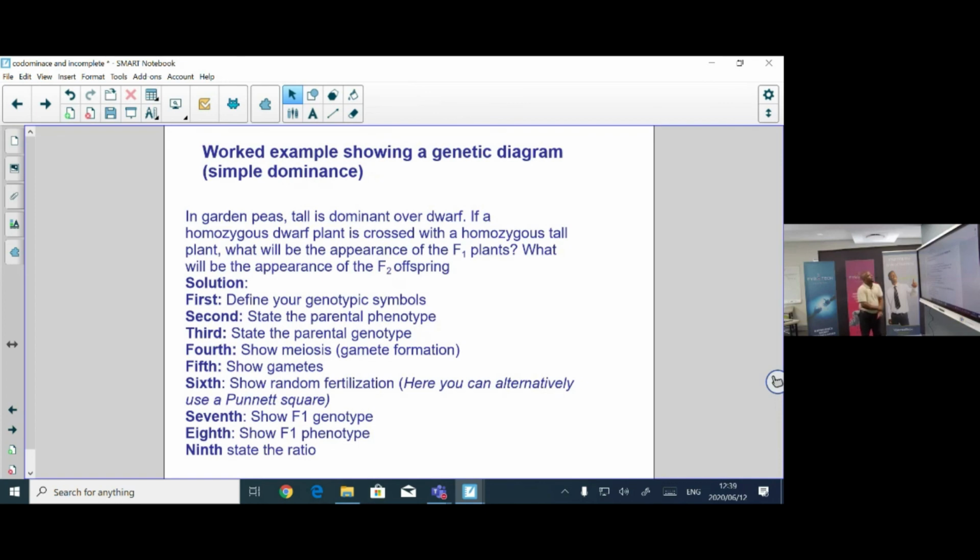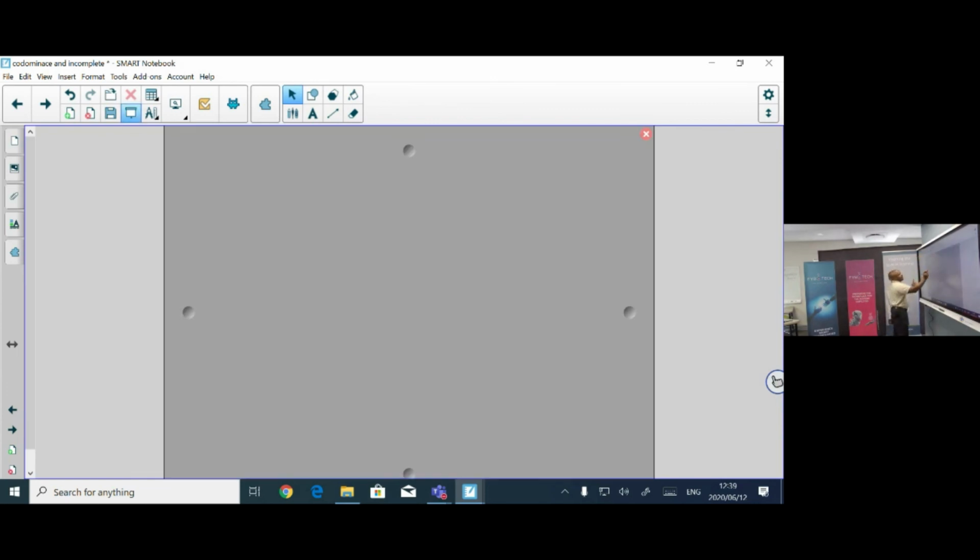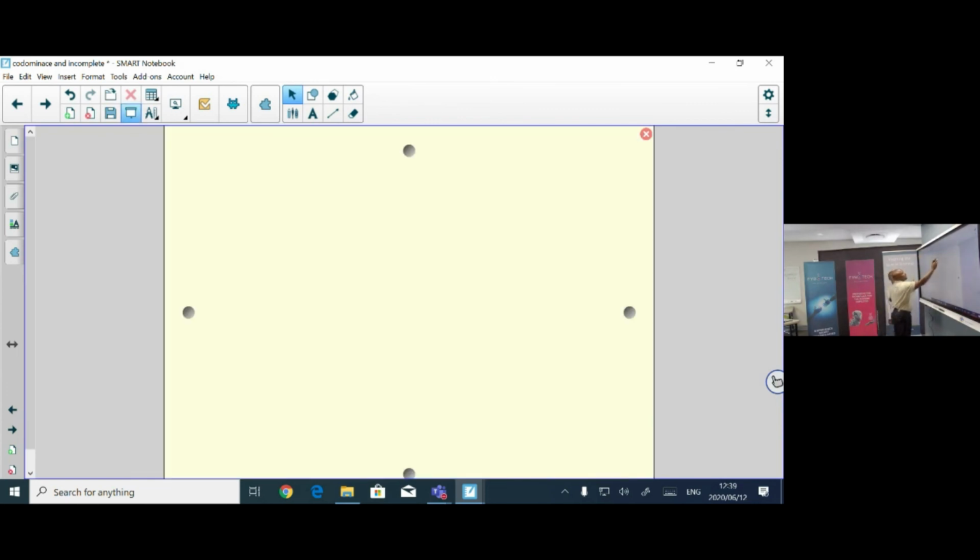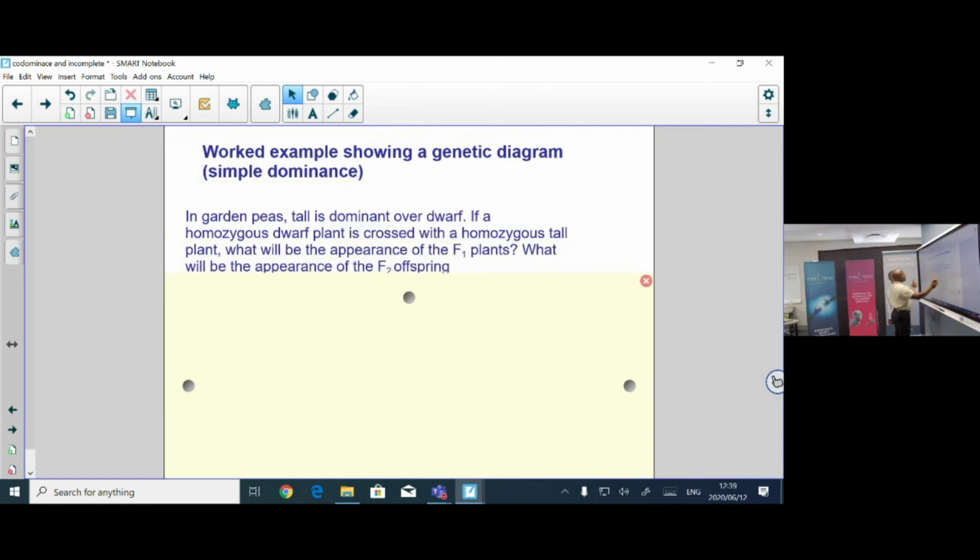With the example showing a genetic diagram, how do we go about it? In garden peas, tall is dominant over dwarf.